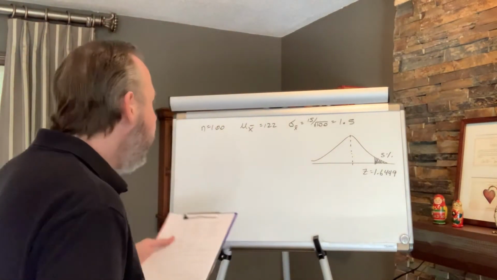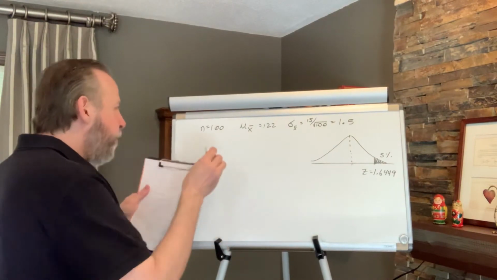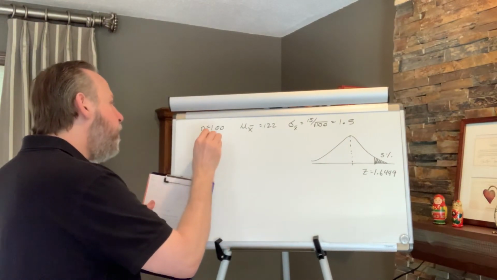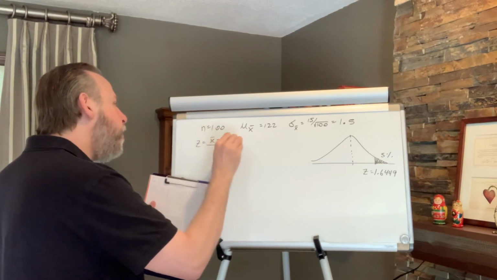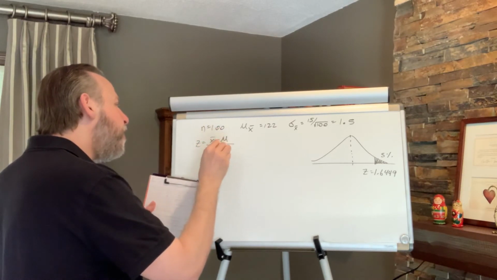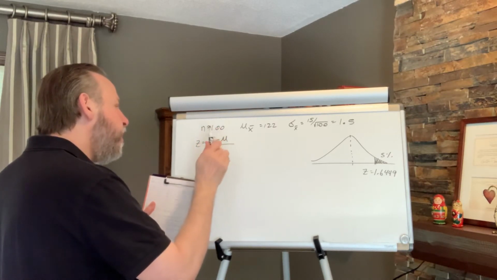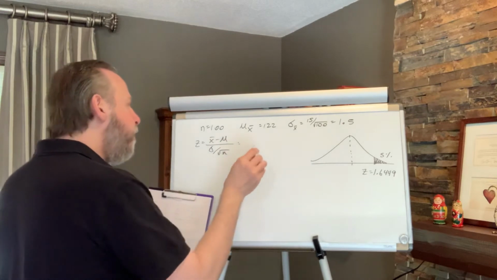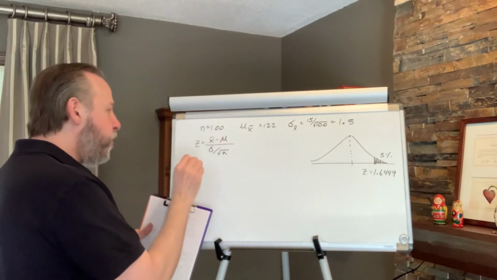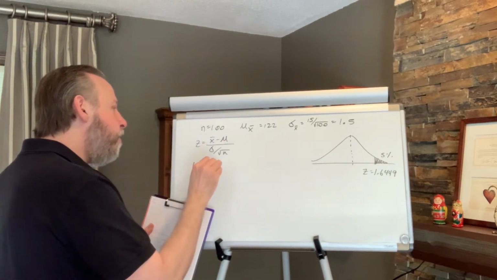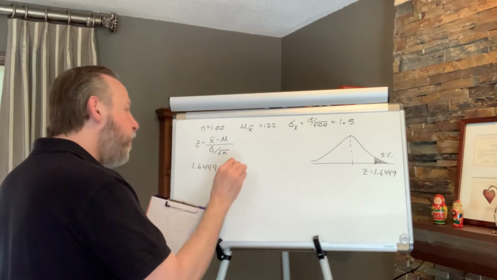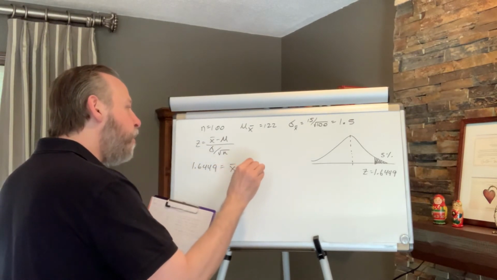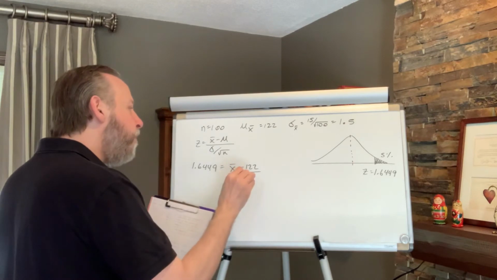Now, little algebra on paper. Remember that z equals x bar minus mu over sigma sub x bar, which was really sigma over radical n. So I'm looking for a z-score: 1.6449 equals some x bar I'm looking for minus 122 over 1.5.